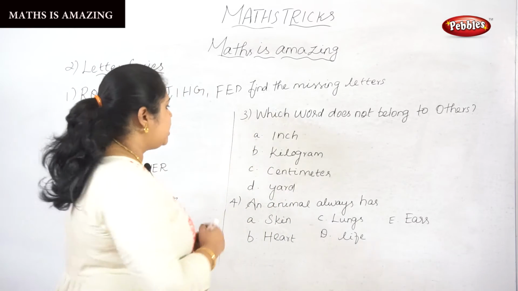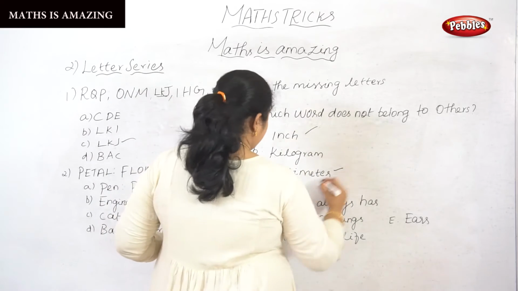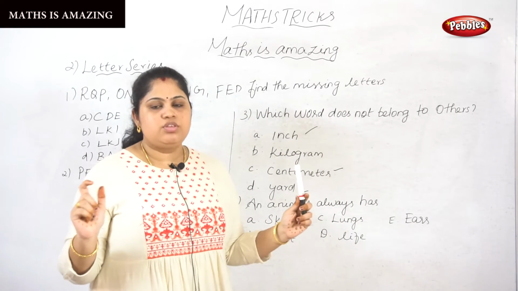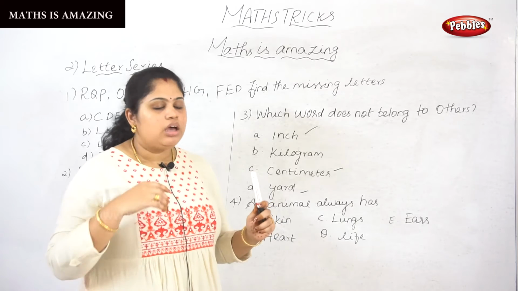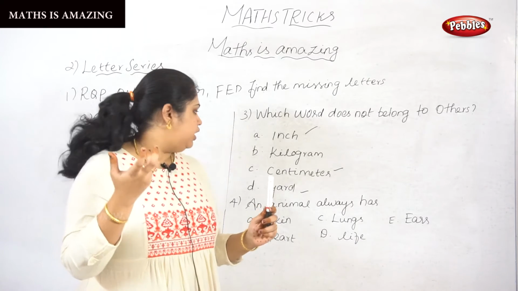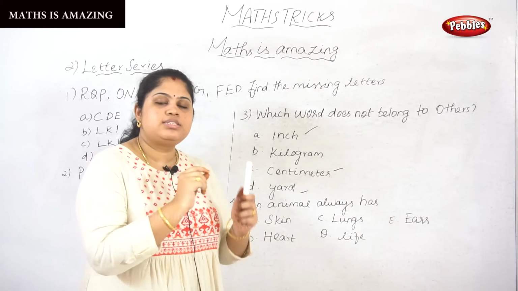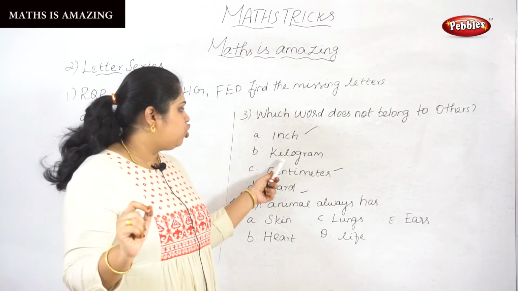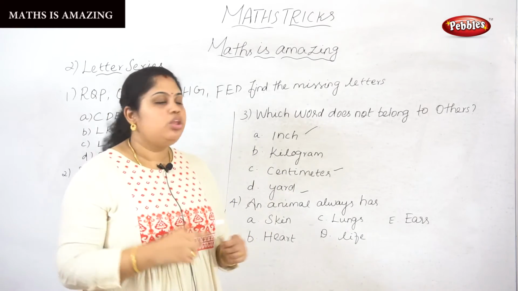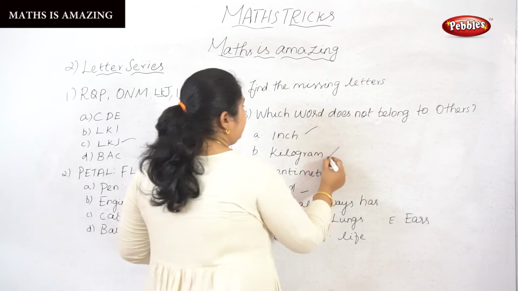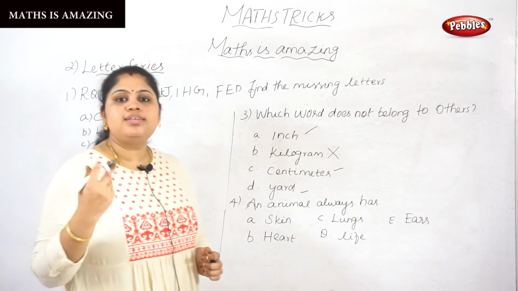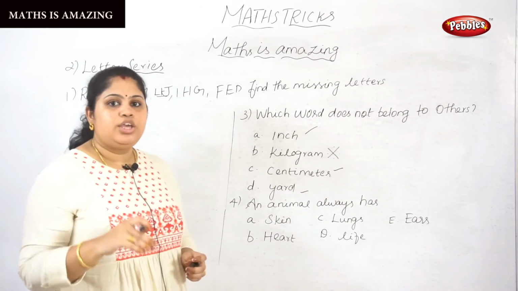Inch, centimeter and yard are all measuring length, but the kilogram is a weight. So the kilogram is the correct answer. Because inch, centimeter and yard are the same kind, your odd man out is kilogram.